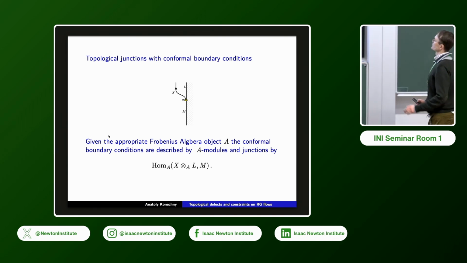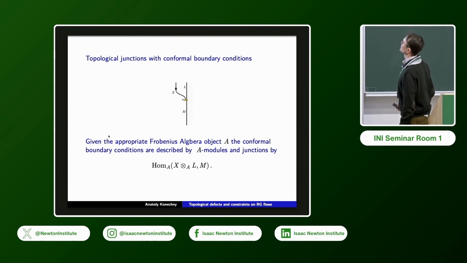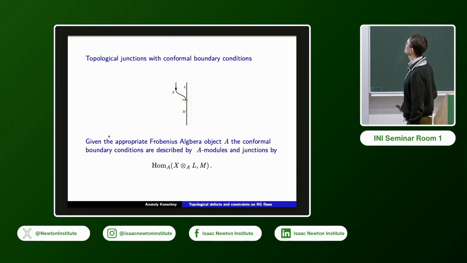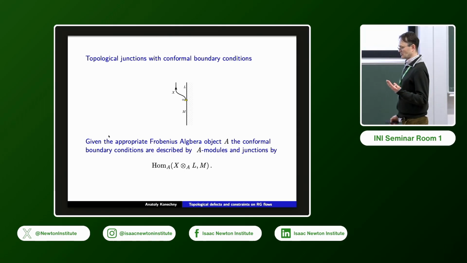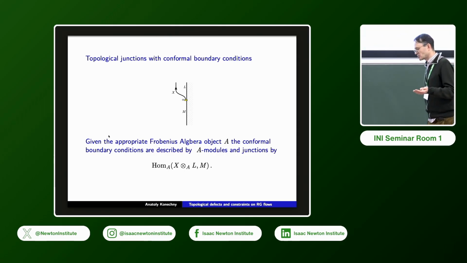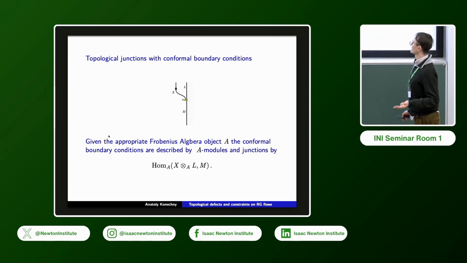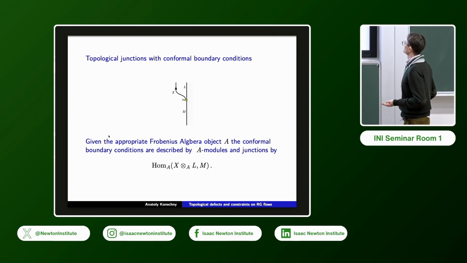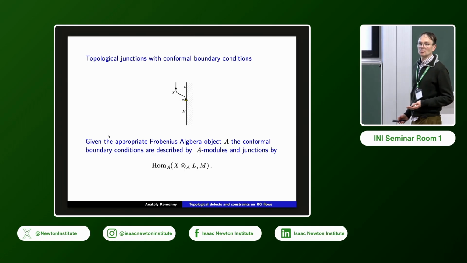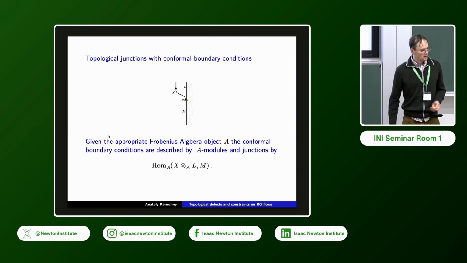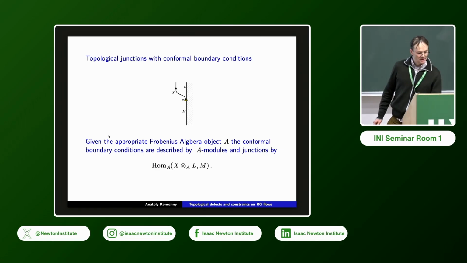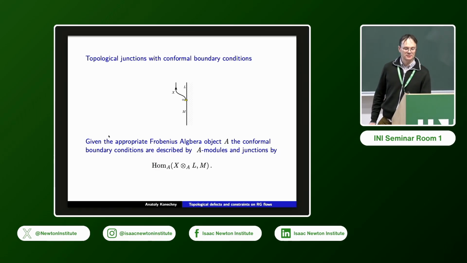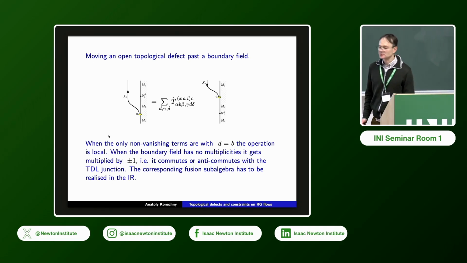So maybe I want now to say a couple more words, since I already mentioned the Frobenius algebra object, and that conformal boundary conditions are modules and topological defects are bimodules. Then such a junction can be mathematically described as a Hom between these kinds of objects. All the machinery of the TFT applies to junctions as well.